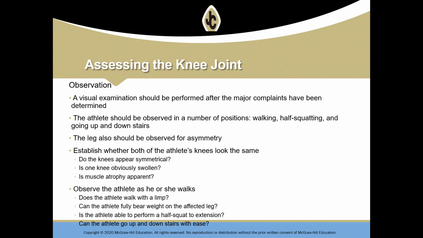Same with the hamstrings, looking for swelling in the knee joint, things like that. Establish whether both of the athlete's knees look the same. Do the knees appear symmetrical? Is one knee obviously swollen? Is muscle atrophy apparent? Even if their knees look the same, look at their patellas and see if they look like they're rotated in or out. It'll help lead you towards the injury also.